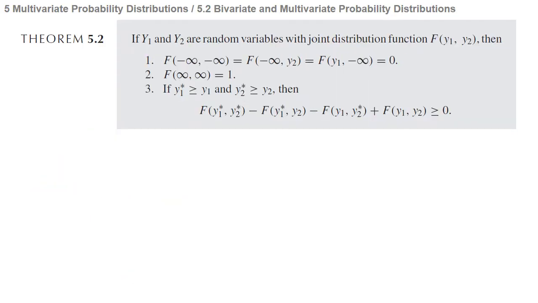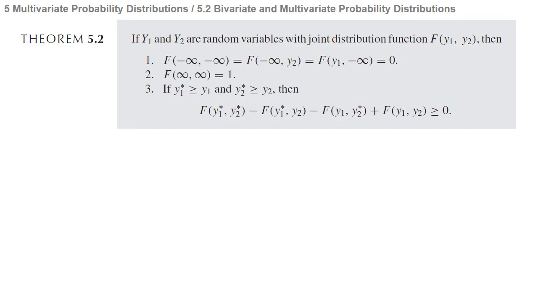And theorem 5.2 says about these: if Y1 and Y2 are random variables with joint distribution function F(y1, y2), then number one, F(negative infinity, negative infinity) is equal to F(negative infinity, y2) is equal to F(y1, negative infinity) equals 0.